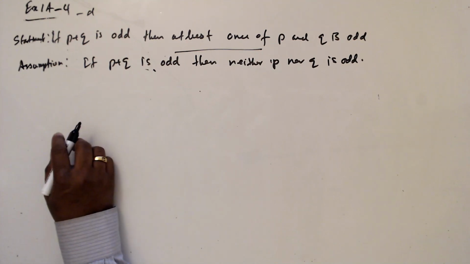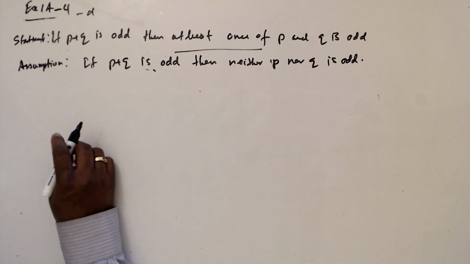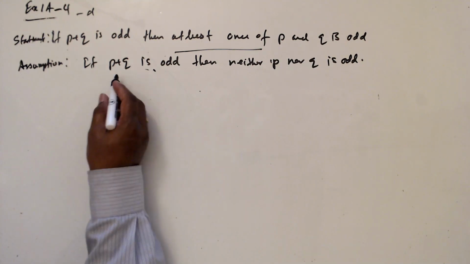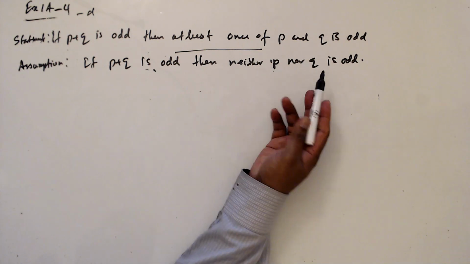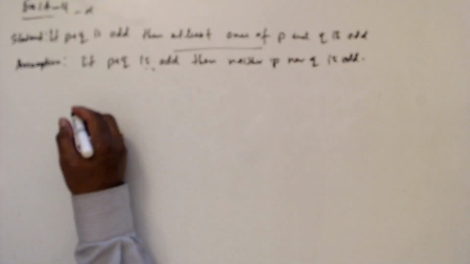So same as earlier, so we have to take P and Q. So neither P nor Q is odd, then the only possibility is even.